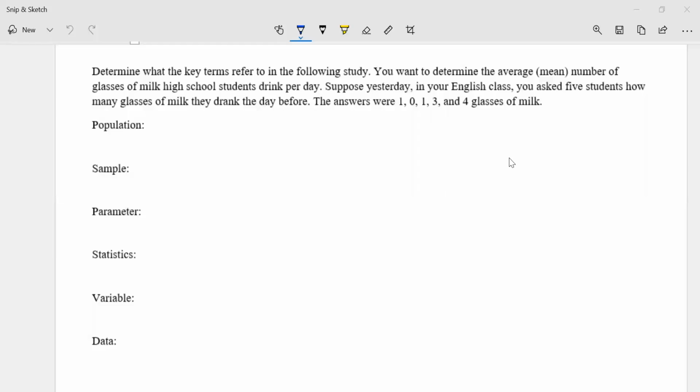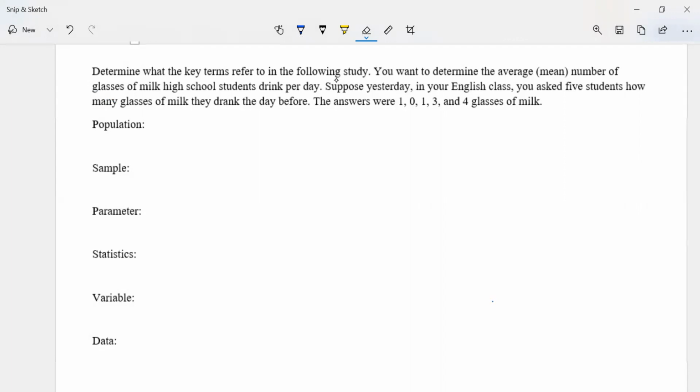Population is basically everybody that I want to study. So I'm just going to write families with children at Current Academy. Okay, this thing's not letting me write. So for population, I'm just not going to write it out. On our notes, I'm just going to say it. You guys write it down. So population is basically everybody that I want to study.